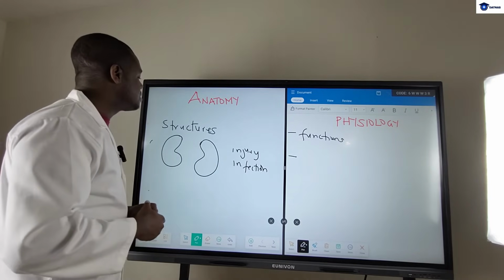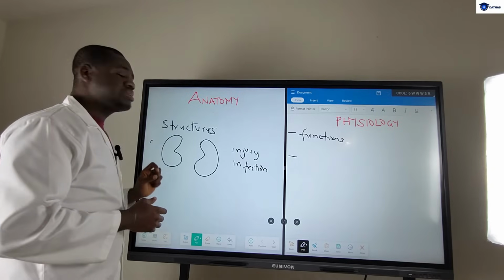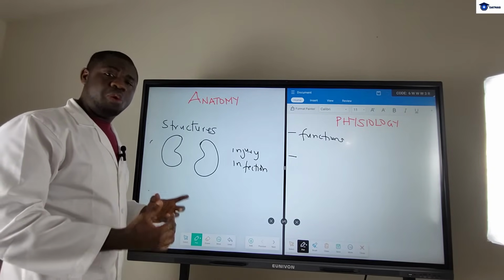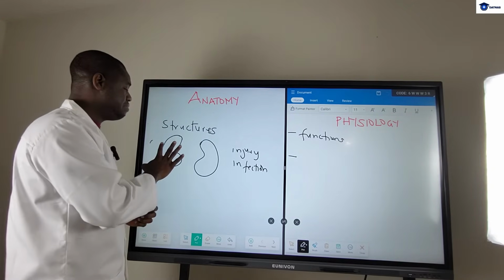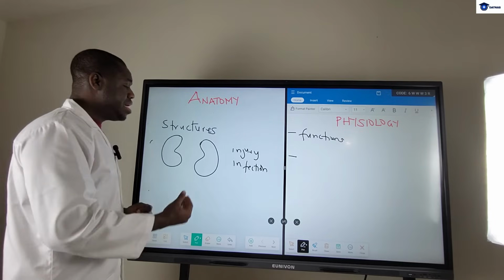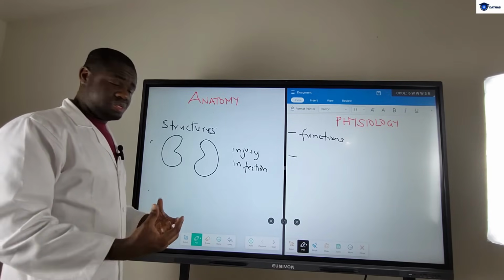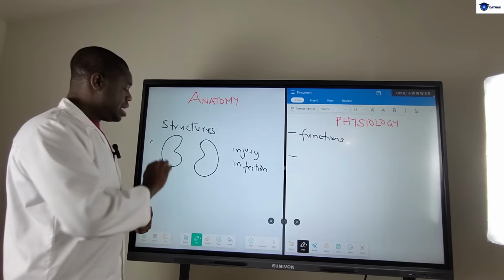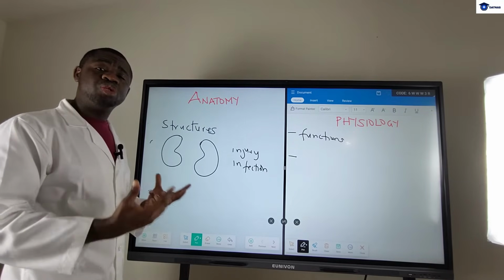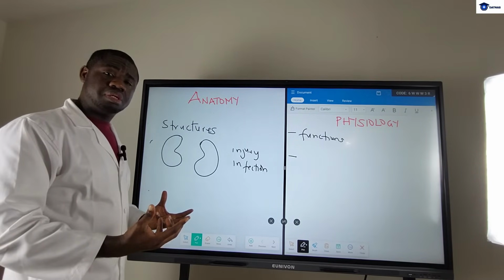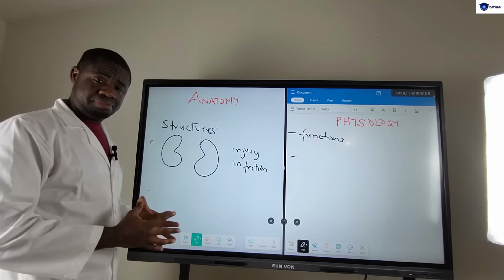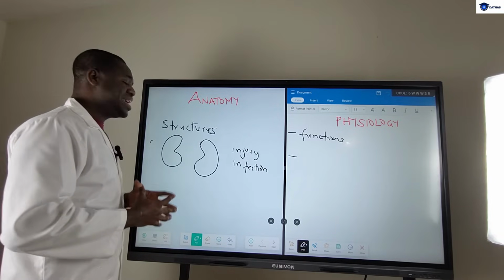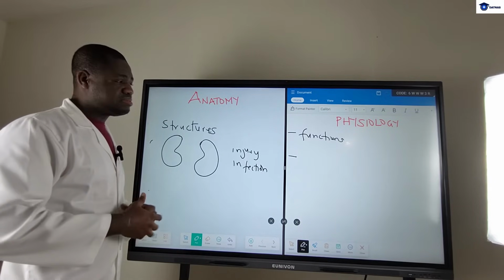For instance, if an anatomist wants to describe the kidney, they will say the kidney has two layers. The outer layer, which is the cortex, and the inner layer, which is the medulla. They will just describe how the kidneys look like.